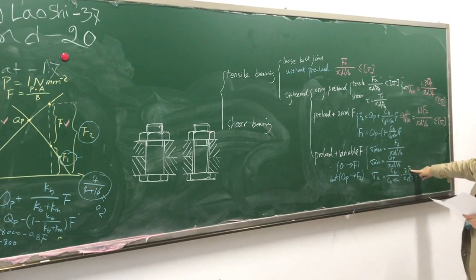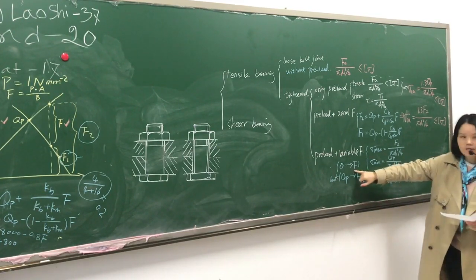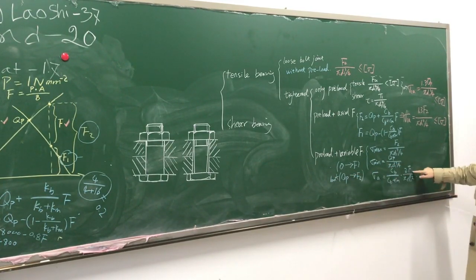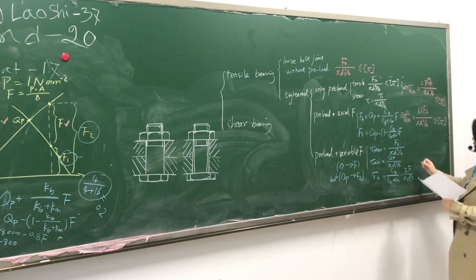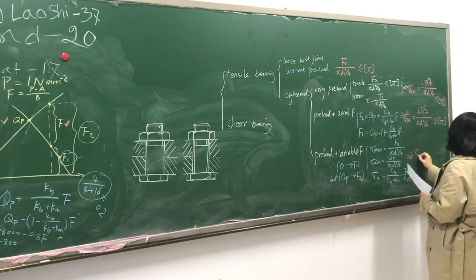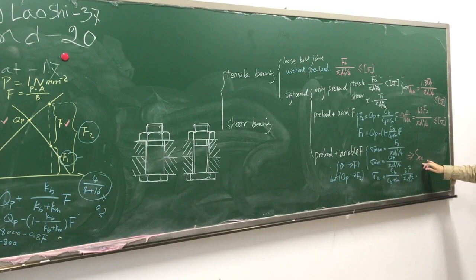F is the maximum force. Okay, this F, there is QP, and there is F2, and we can calculate the SCA. SCA uses which condition? We study the fluctuation stress.